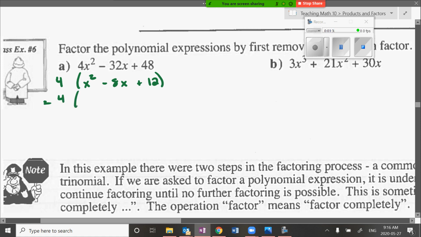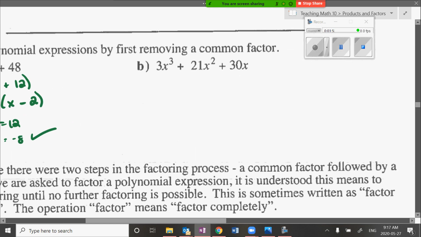So two numbers that multiply to positive 12 and add to negative 8 are negative 6 and negative 2. 6 times 2 gives me 12. Negative 6 plus negative 2 gives me that negative 8. So we're good. So that GCF works great.